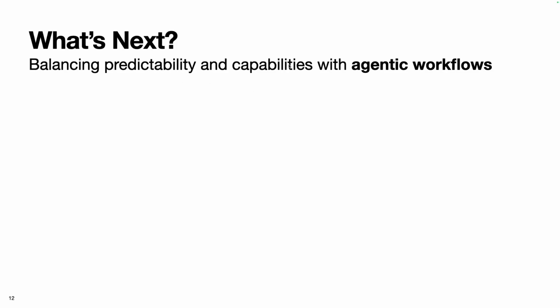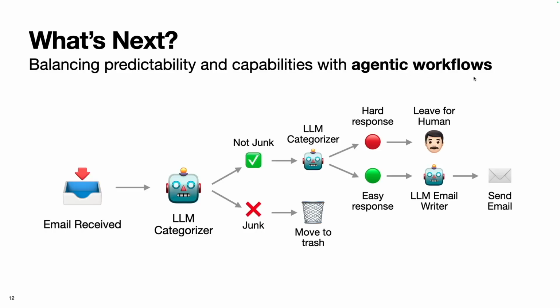However, we can balance these two things, predictability and capability, through so-called agentic workflows. I discussed this briefly in the previous video, but these days, most practitioners I talk to, when they talk about building AI agents, are really thinking about agentic workflows. So not just having a single LLM doing everything, but rather multiple LLMs perhaps chained together.